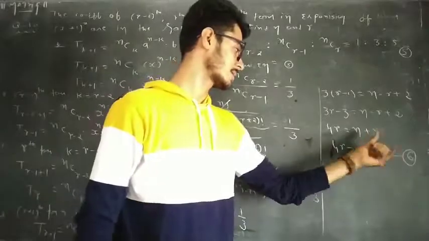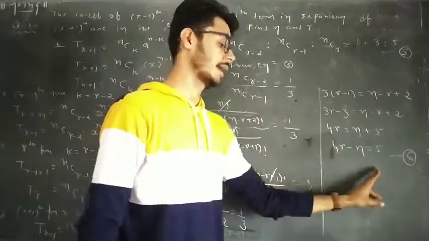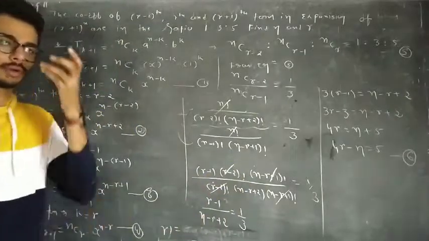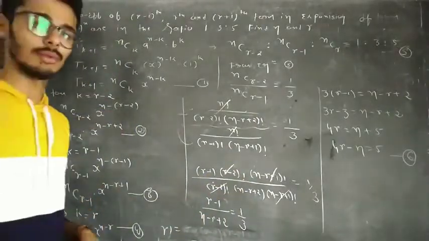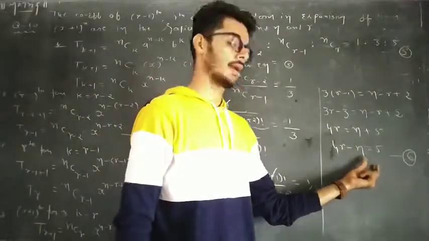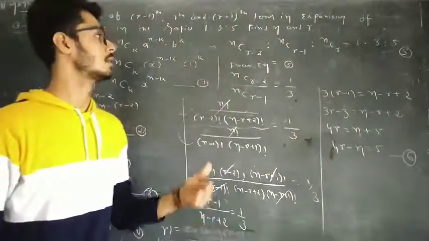Then you get another linear equation in r and n. Then use the elimination method, as we used in the 10th standard, to find these two, r and n. From that you can get the value of r.